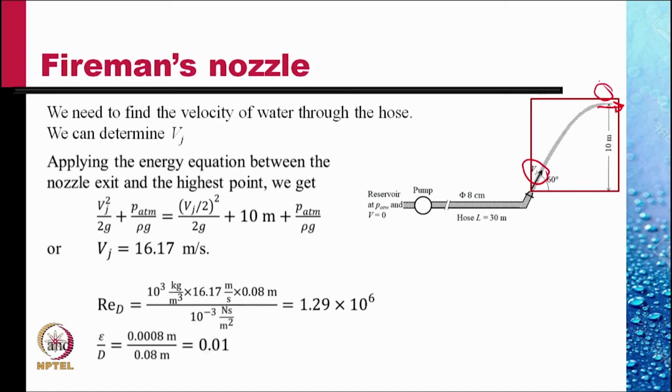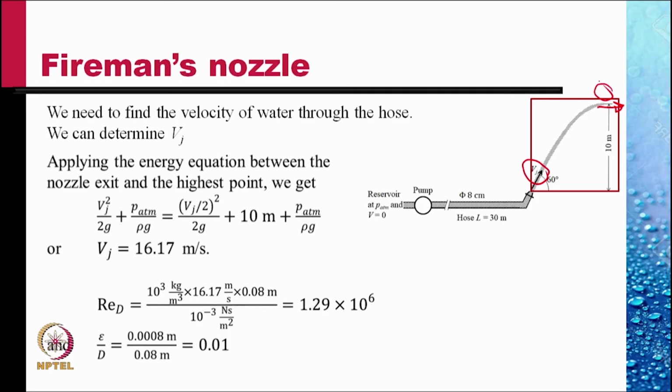We can calculate the Reynolds number through the hose based on the diameter of the hose, which is 80 millimeter, 8 centimeter, and this Reynolds number comes out to be 1.29 into 10 to the power 6. And given the epsilon and D, we can find out the relative roughness parameter as 0.01.